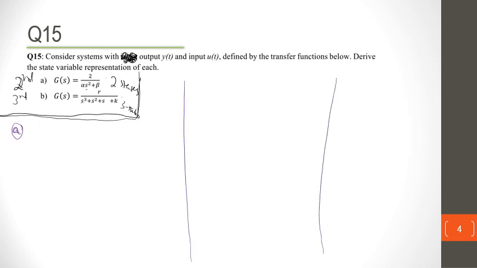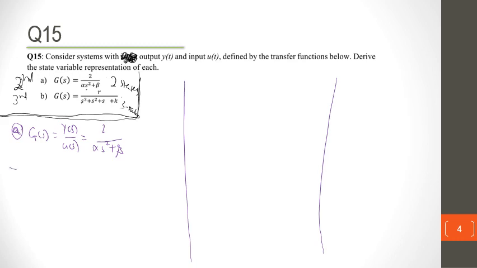So for question A, the transfer function by definition. Our approach is to take it back to the differential equation first, because we know how to work out a differential equation. It's going to be the output y of s over the input u of s, and this is equal to 2 over alpha s squared plus beta.